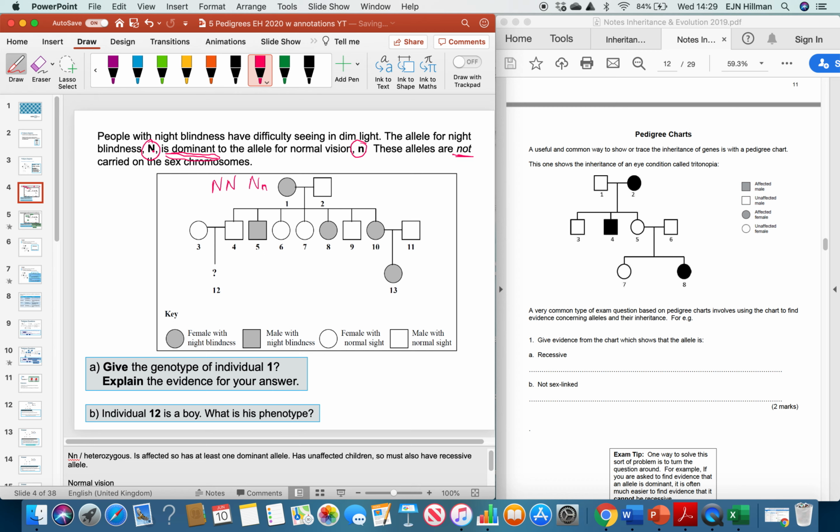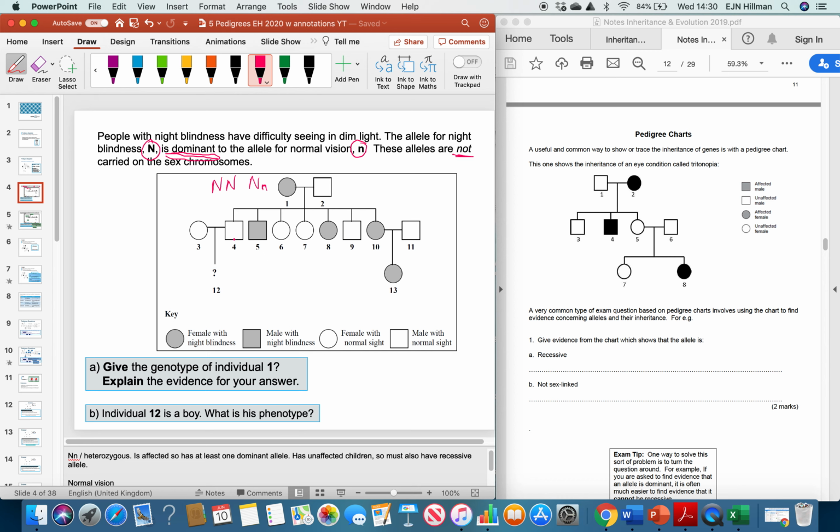Now, if it were homozygous dominant, if she had 2 copies of that dominant N, she would pass on at least 1 dominant N to all of her children. So the children are 4, 5, 6, 7, 8, 9 and 10.